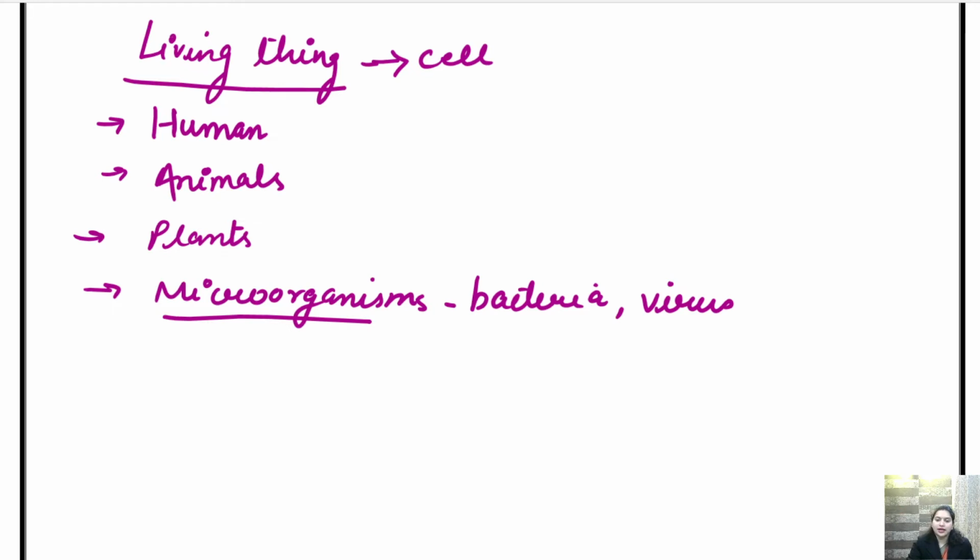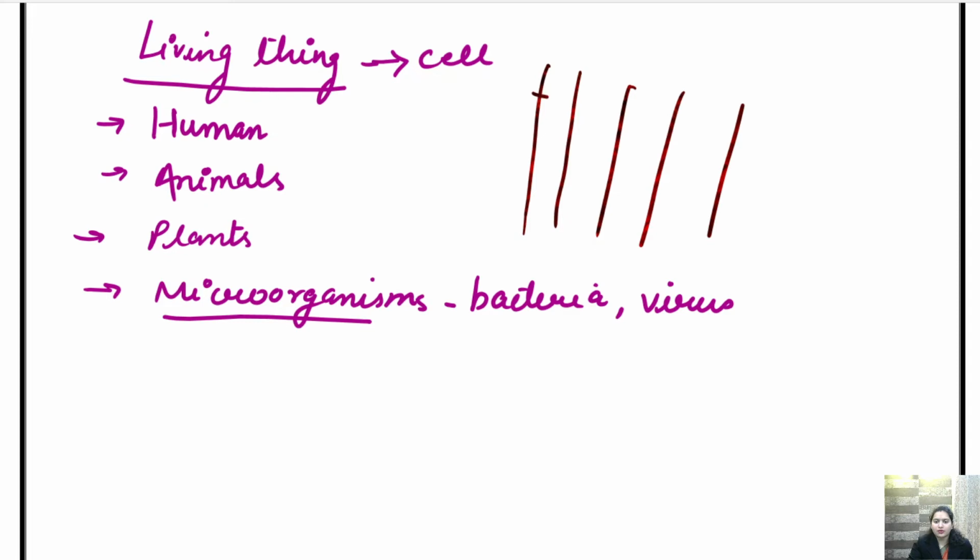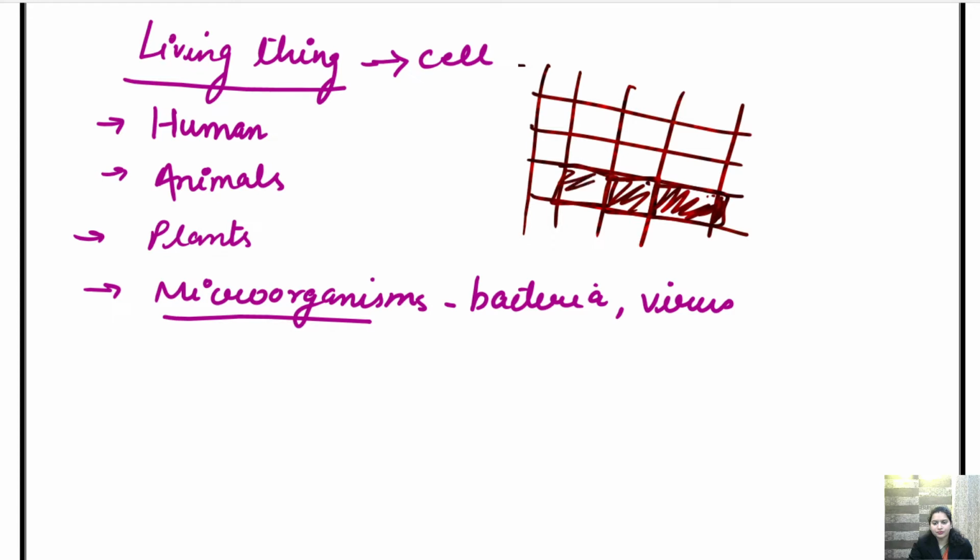Like, for example, if you look at a wall, suppose this is a wall, these walls are made up of bricks, isn't it? So many bricks, when arranged in a systematic manner, form a complete building.